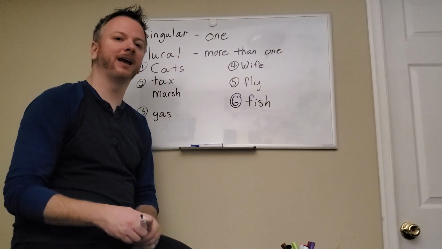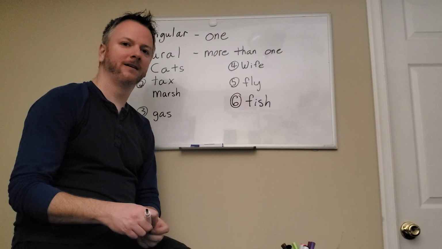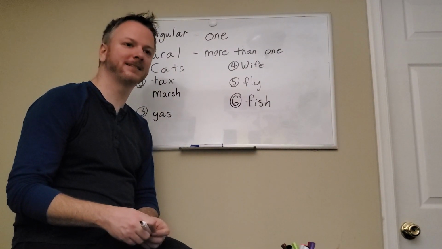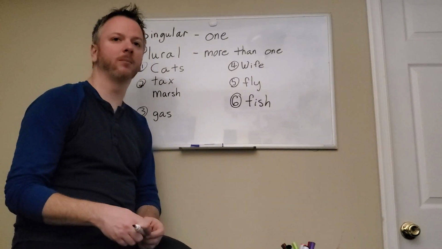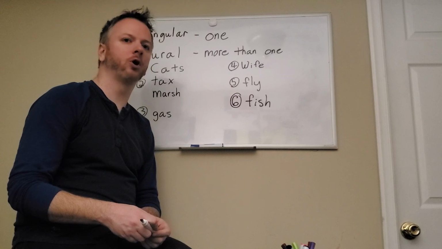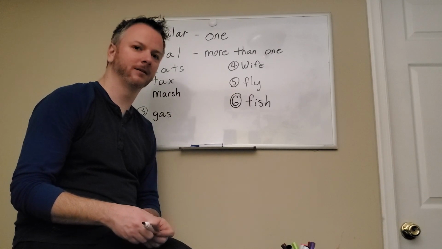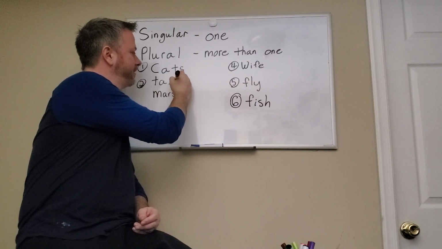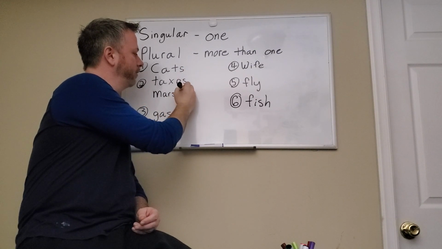Tax. If we add an S to the end of tax, because it already ends in that X sound, it's just going to say tax. Or marsh is going to say marsh. But we want those words to say taxes and marshes and buses. So instead of just adding the S, we're going to add an E to those words.